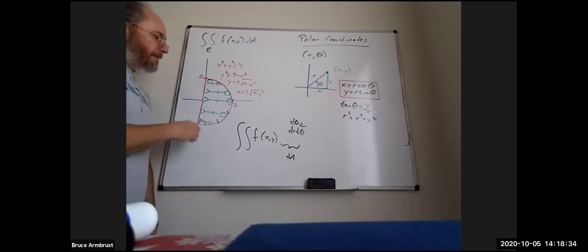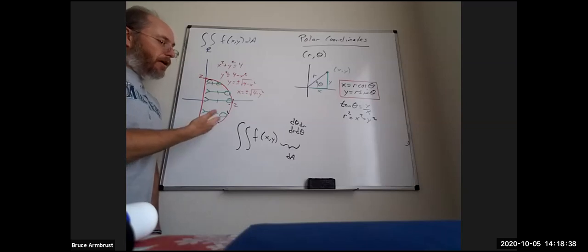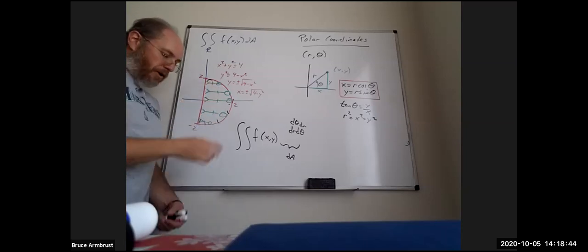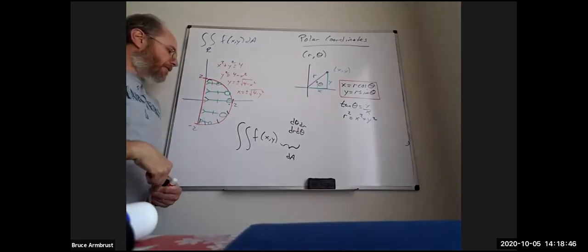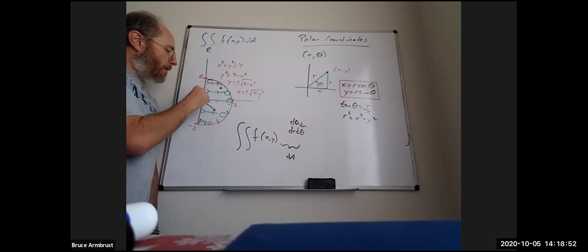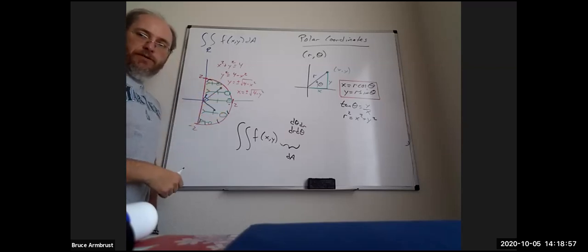So now think about this semicircle, this little region in here. The r's are all between 0 and 2. So no matter where you are in here, choose your favorite point, right? Like this one, or that one, or this one, no matter what, the r value is always going to be between 0 and 2.